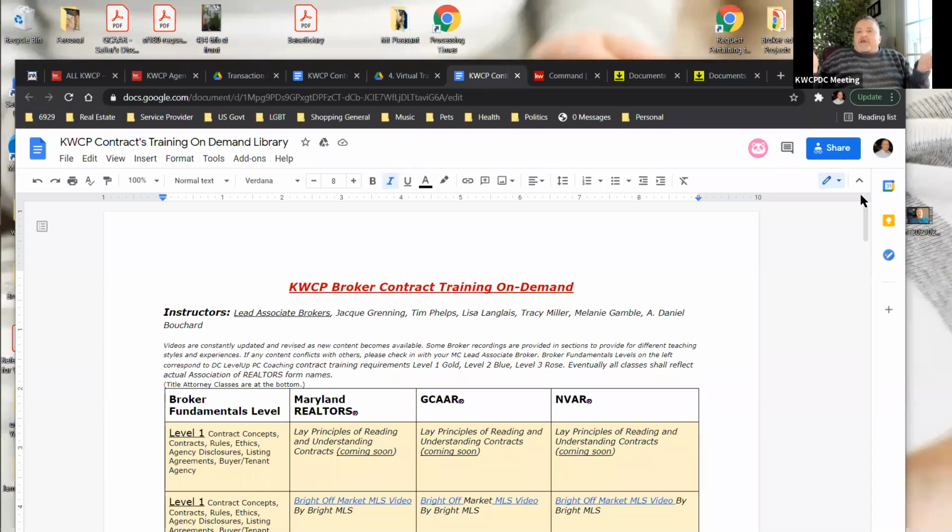Generally speaking, in a buyer's market I would say make your deadlines as long as possible. But in a seller's market, you want to make them as short as possible.